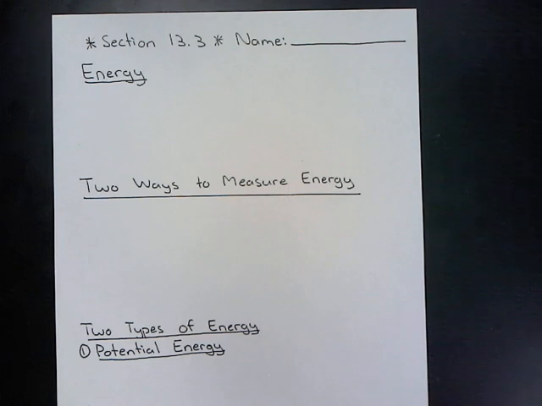And today what we're going to be talking about is section 13.3 that deals with energy. Before we get started, I just want to outline a couple of objectives of this section. Objective 1, you should be able to determine the relationship between energy and work.